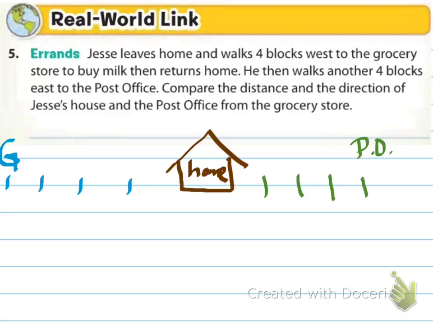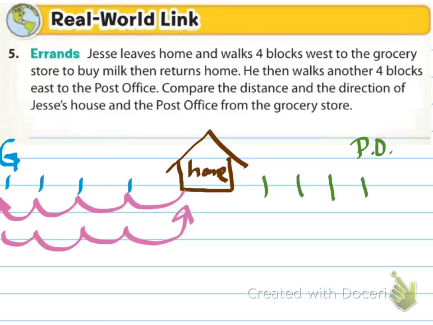So we've got Jesse says 4 blocks to go to the grocery store. So we've got 1, 2, 3, 4 to get to grocery store, and then back. Okay. Now to go to the post office, it said it was 4 more blocks from home, but going east. So now we've got 4 blocks going to the east.